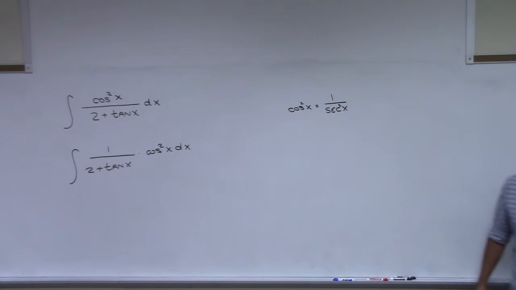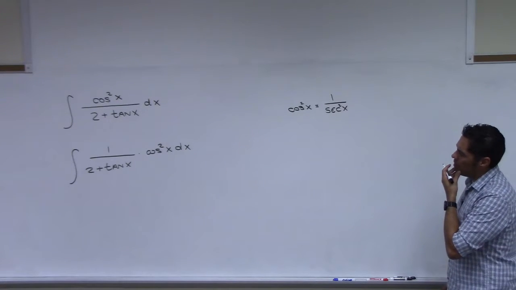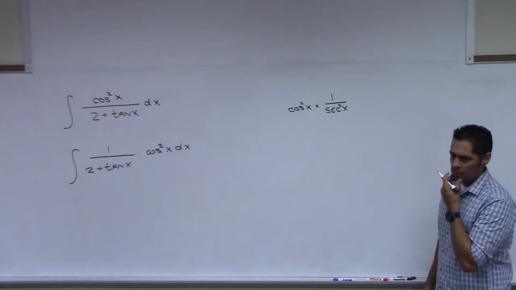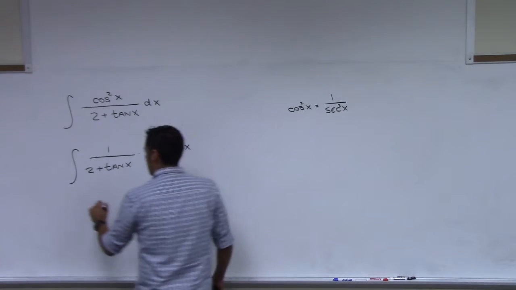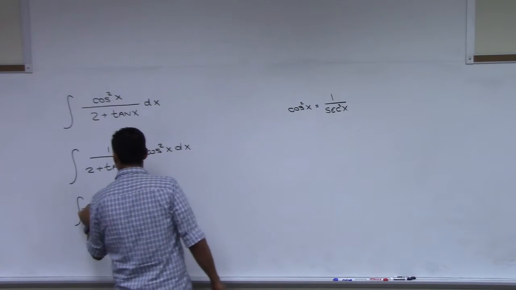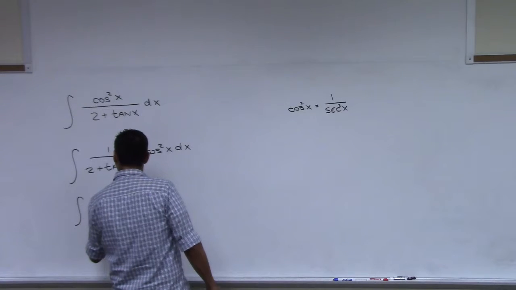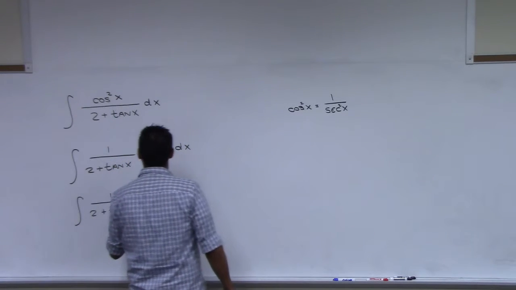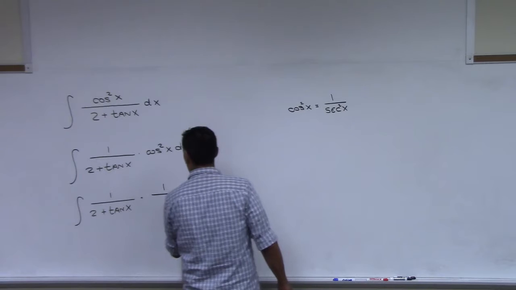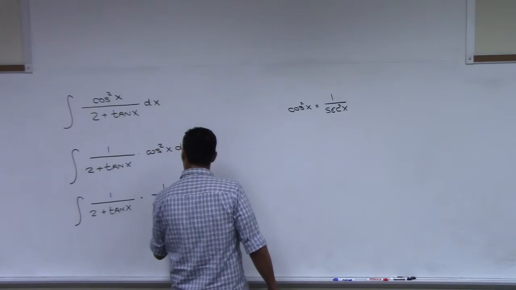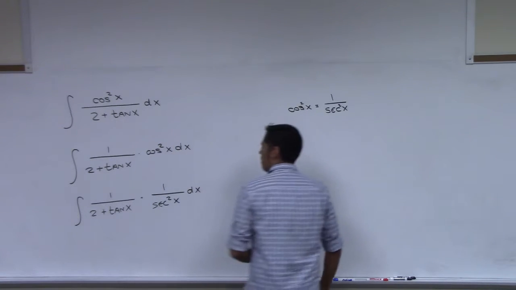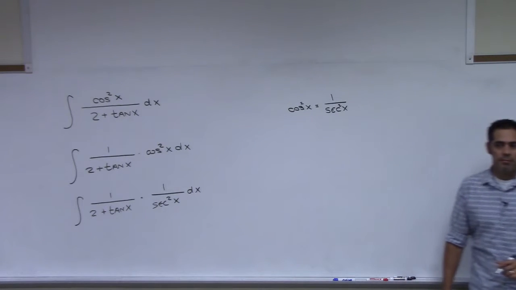Is that the same thing? Okay. But we just said that we could rewrite cosine squared x as 1 over secant squared x. Okay, good. All right, do you agree with that?